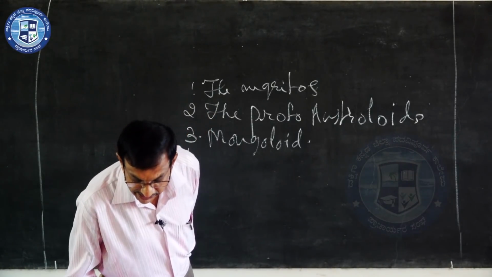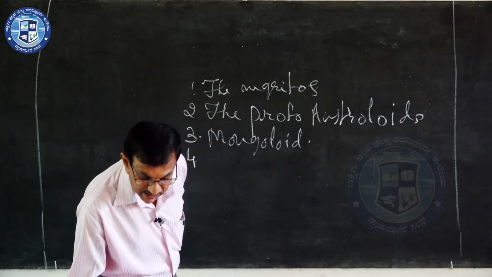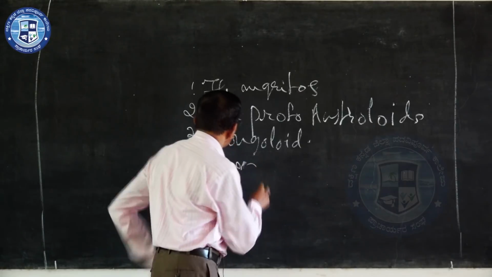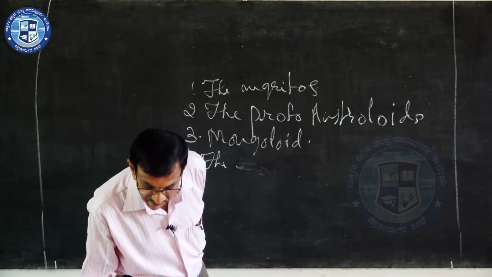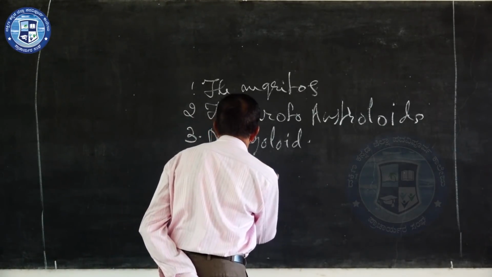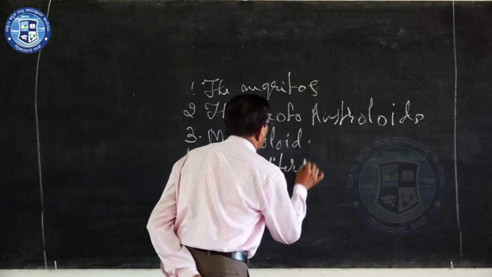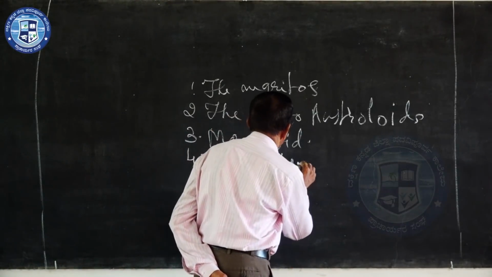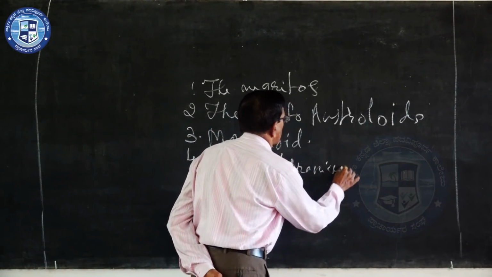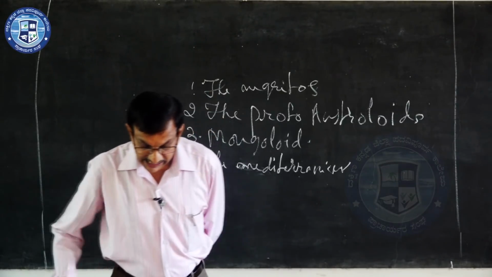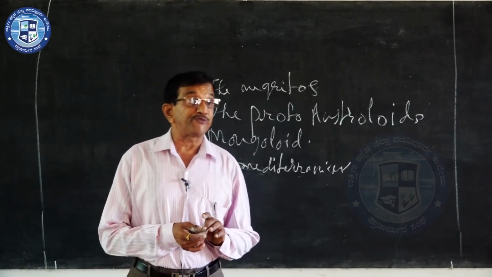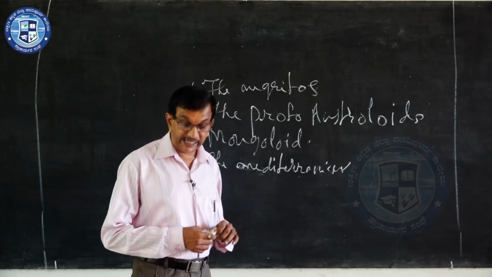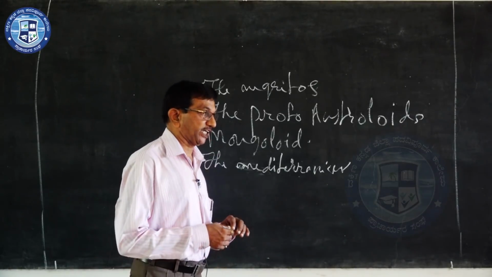Number 4, here the Mediterraneans. Now here, under these Mediterraneans once again, we can find 3 subdivisions: Paleo-Mediterranean, Mediterranean and Oriental type.